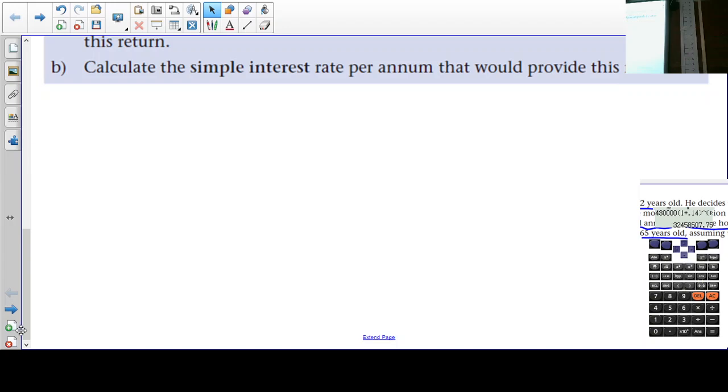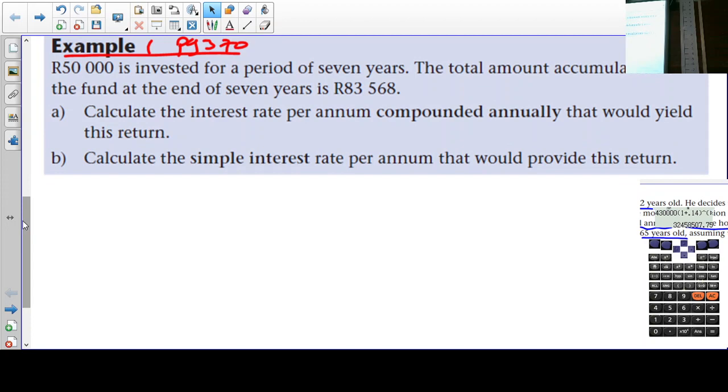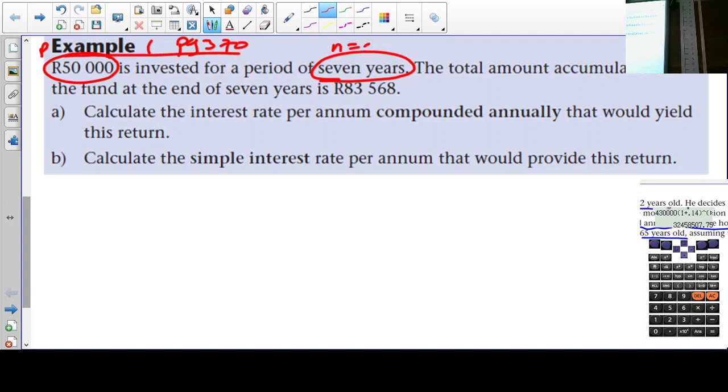So the first question, example 1 says 50,000 Rand is invested for a period of 7 years. So from here what can be drawn already? This is your P value, your principal. It's invested for a period of 7 years. What is 7? n is 7. Okay?